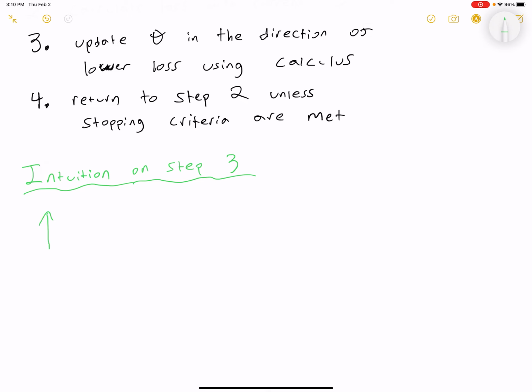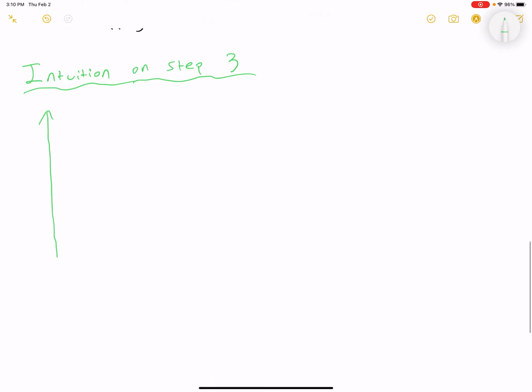I'm going to draw a curve that looks like many types of curves that we're going to see in this class, where the x-axis is the parameter value, and this is the case where you only have one parameter.